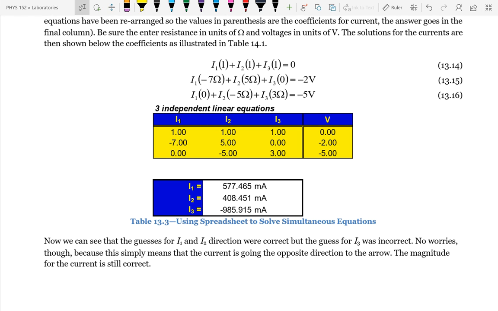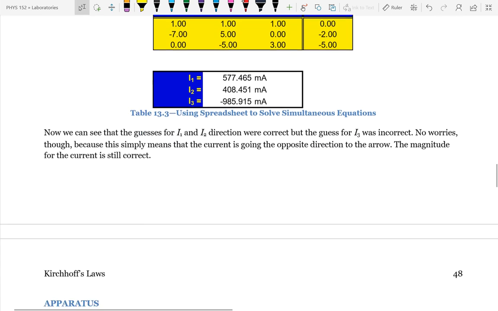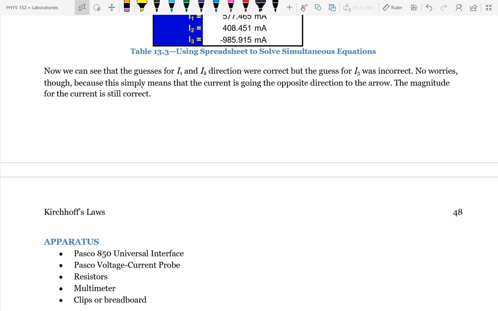One of them is a 3x3, so you put your values in for each equation, and then it tells you the currents in milliamps. The other one is a 6x6, for the obvious reason of the one that has 6 unknowns. You put in your numbers, and it tells you what the currents are in milliamps again. So the spreadsheet is there to make life easier, so you don't have to make a 6x6 matrix on your calculator.